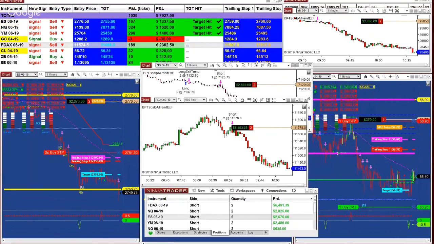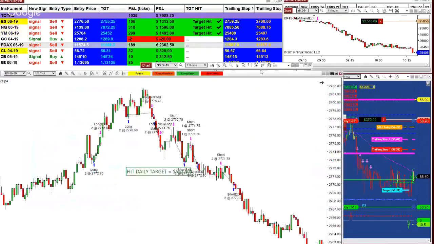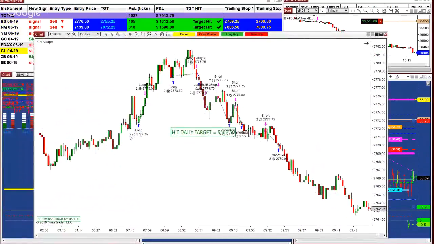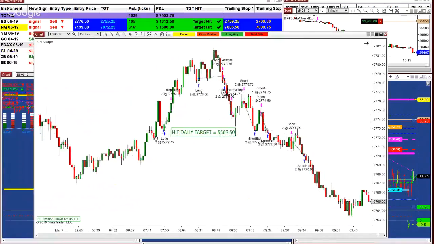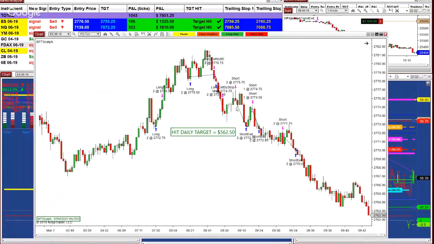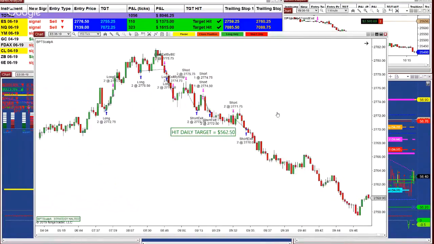On the Ninja Trader 8, all the scalpers are market orders, and the B scalper is a market order, and also this one here, the scalper on 150 ticks, is also a market order. On the 150 ticks ES, one trade, two losing trades, three, four, five, and it's done.